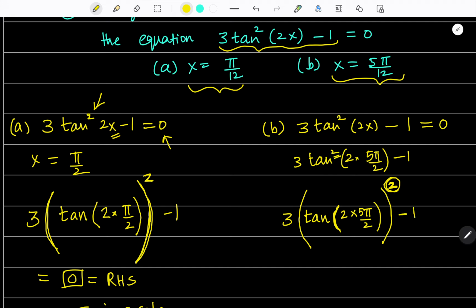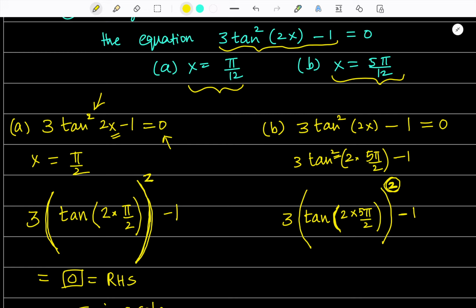Let me start now. It's radian mode: 3, bracket, tan, okay, 2 multiply, fraction mode, shift pi over 2, and then bracket close. It's not 2, it's 5 pi by 2.